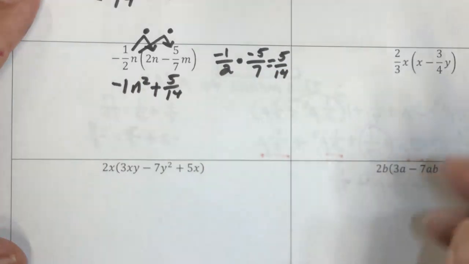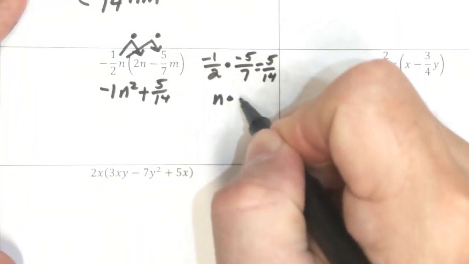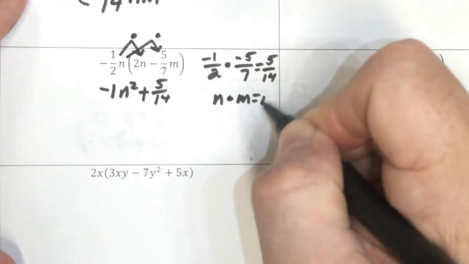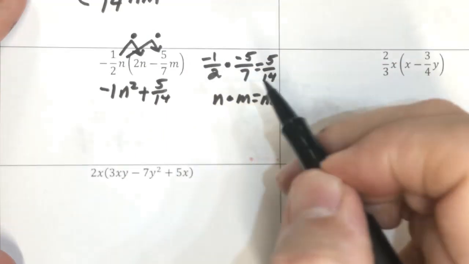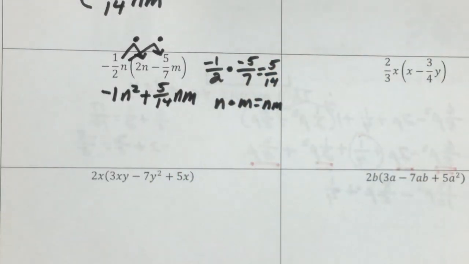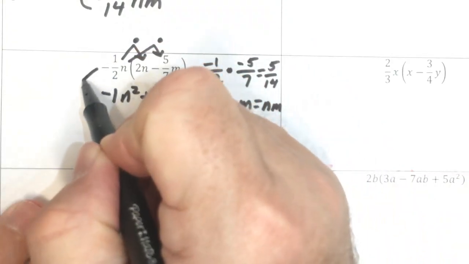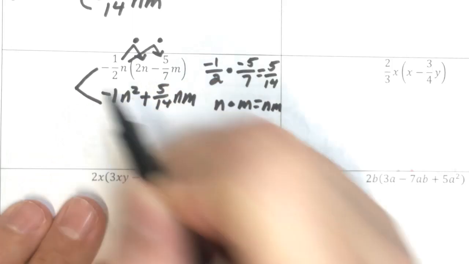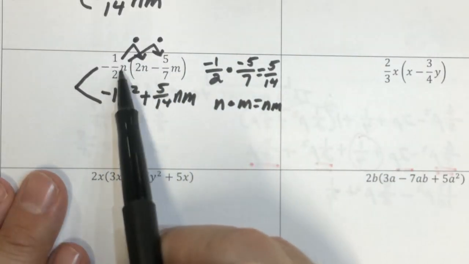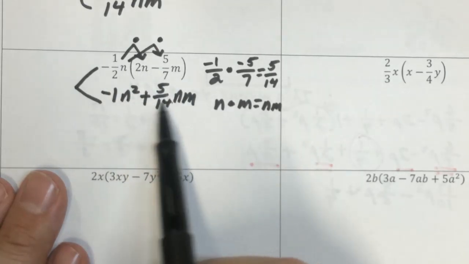And then n times m, that's going to be nm. So we'll just make that nm. And that's your answer. So this expression, where we have two factors multiplying, is equivalent to this one.